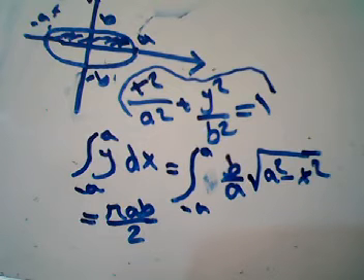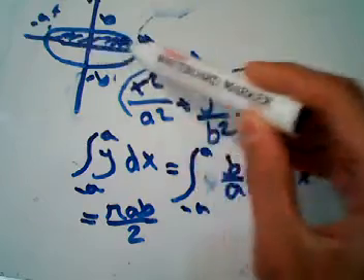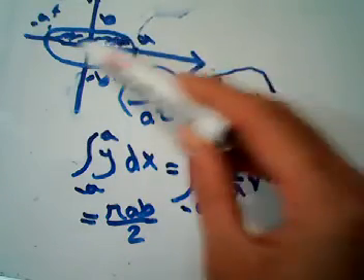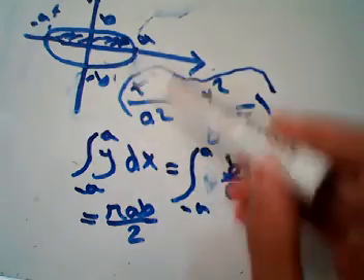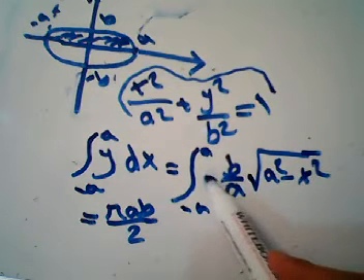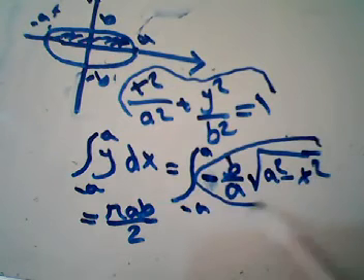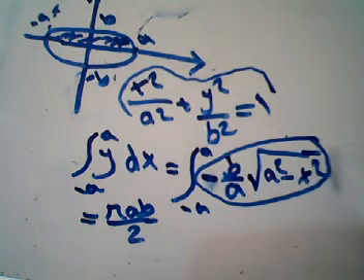Okay, and now this is the area of the upper part. How about the lower part? Again, the integral of the lower part is this, because this is the equation for the lower curve.